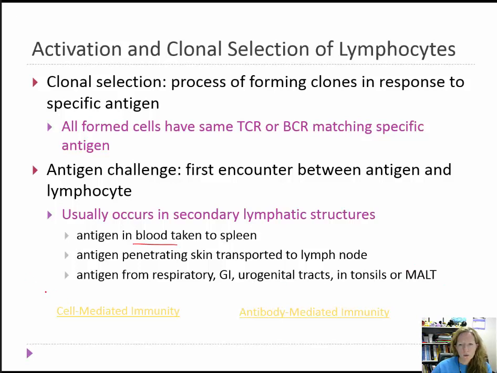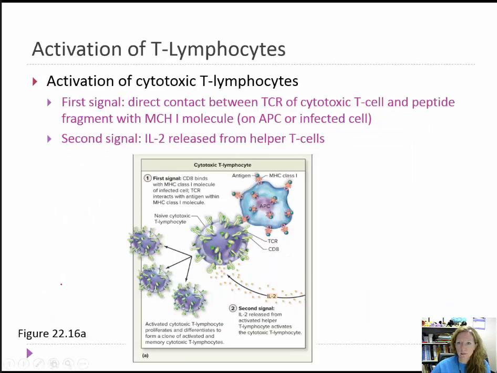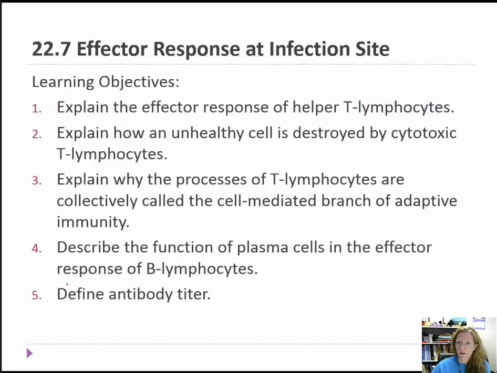So I'm going to show you what you're going to watch. You're going to watch a series of animations that go through this activation process and this clonal selection. So it's going to cover all of these slides.